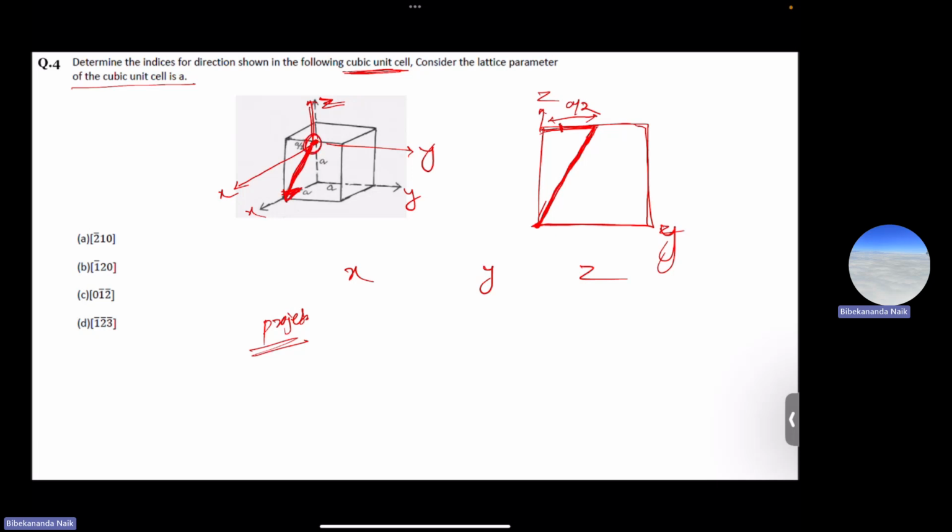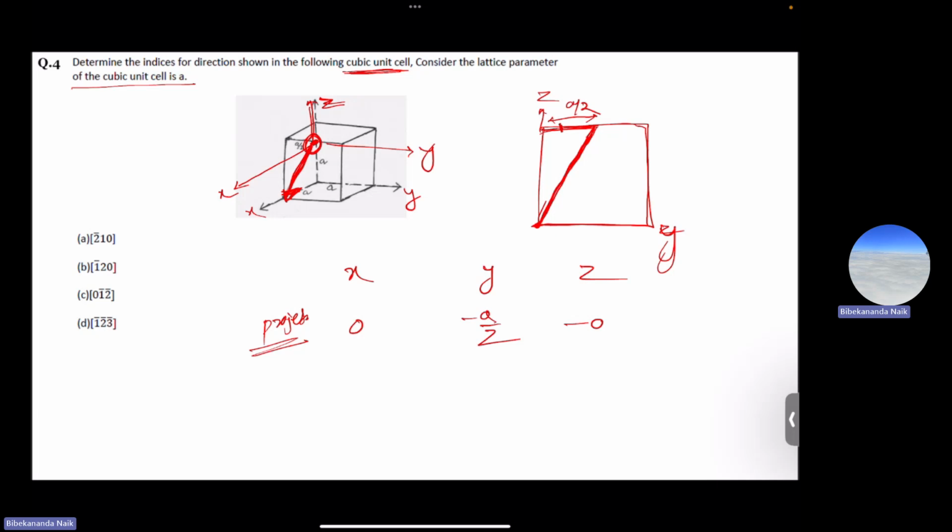Since the origin is here and it is crossing through x equals 0, the x projection will be 0. In case of y, it is A by 2, it will be minus A by 2 as we have moved the origin. And in case of z also, since we have moved, it will be minus A.